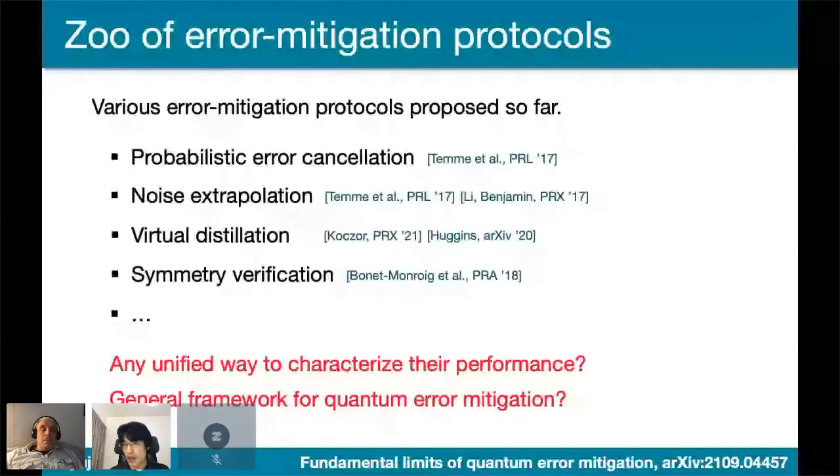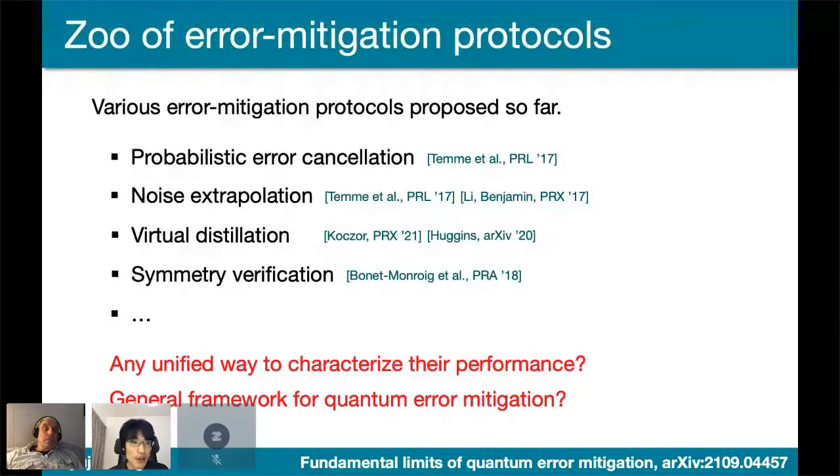Okay, so motivated by that, there have been various ways of doing these error mitigation protocols, and people keep proposing ideas like this. Starting from the probabilistic error cancellation method, these are just examples of the error mitigation protocols proposed so far.